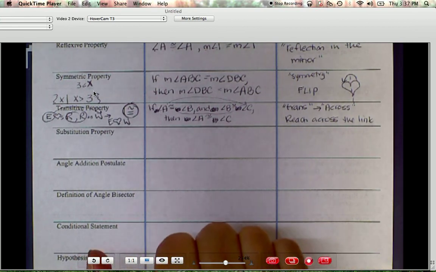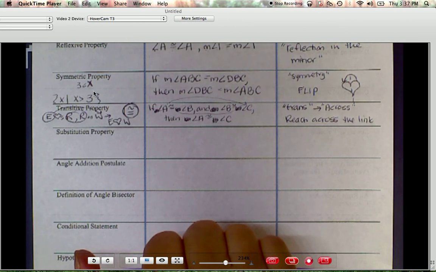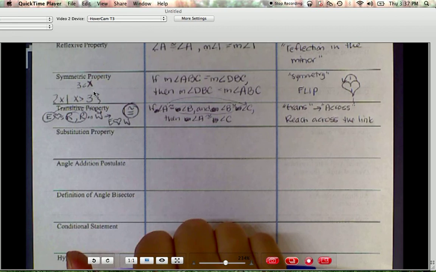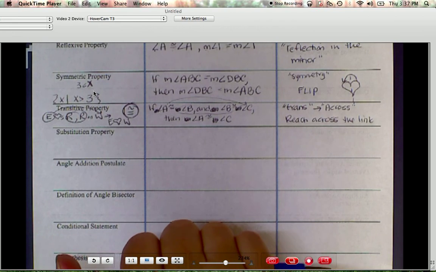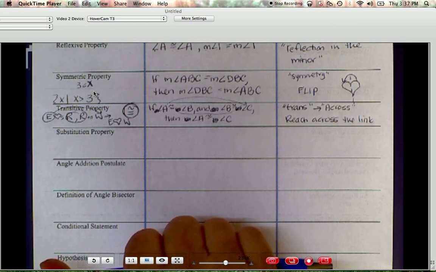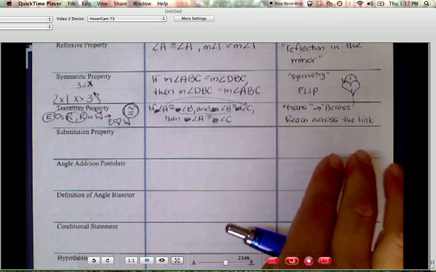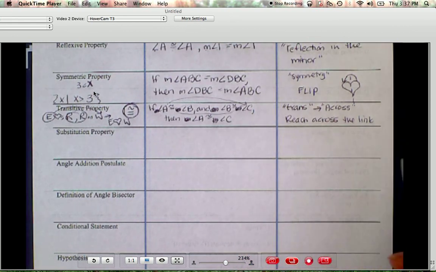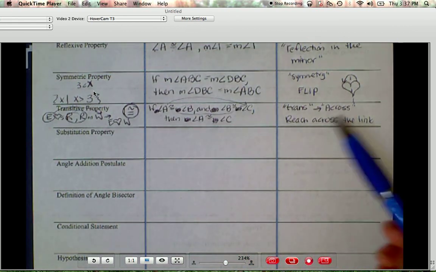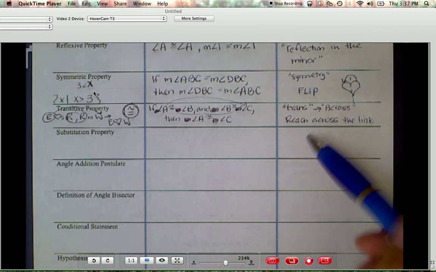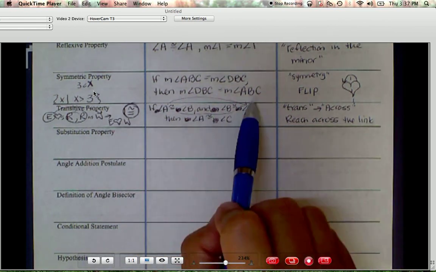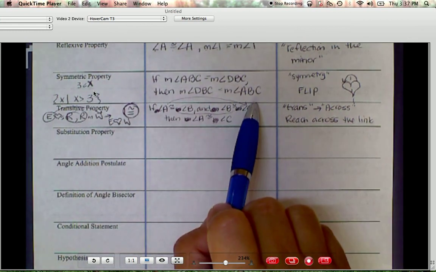If Bowling Green beats Maumee in football, and if Perrysburg beats Maumee, and Maumee beats Bowling Green, then we could probably assume that Perrysburg will probably beat Bowling Green. So it's a thought process we have to go through. We actually do this often with sports, but we've never probably written it down on paper. So find the link between them, reach across the link to say the first is congruent to the last.